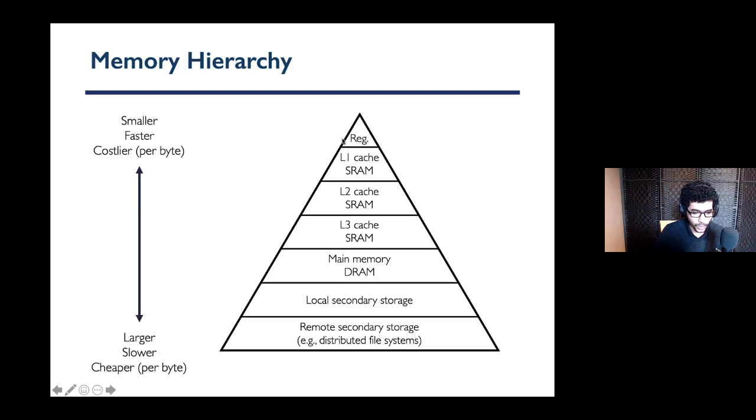So as you go down this graph, you're going to get more capacity. But as you get more capacity, the speed is going to go down, and the price per, let's say, megabyte or gigabyte is also going to go down. So it's going to get cheaper.